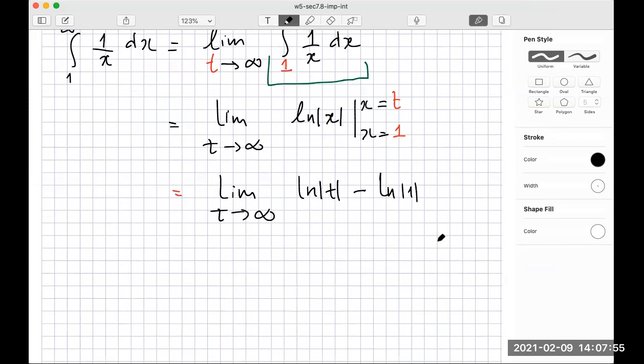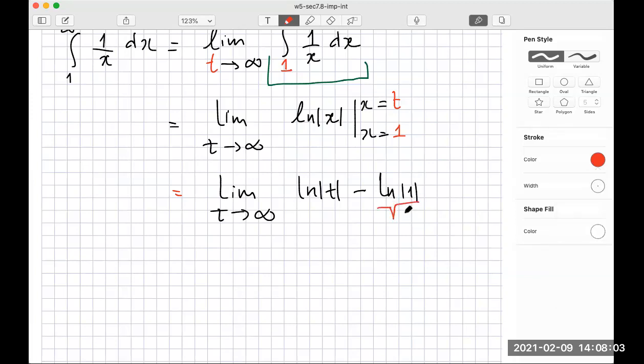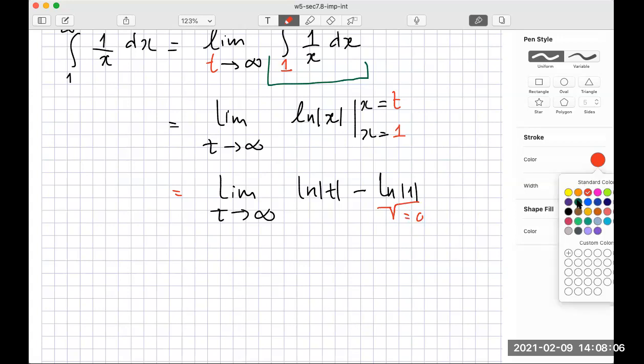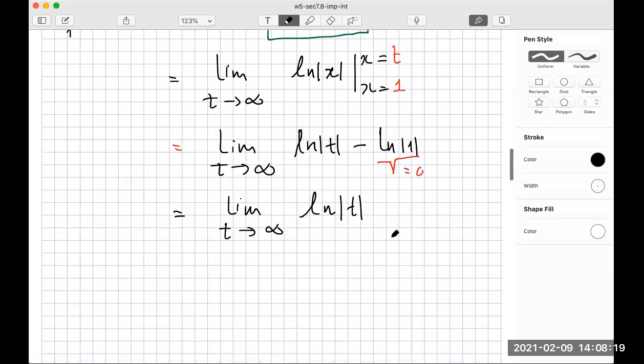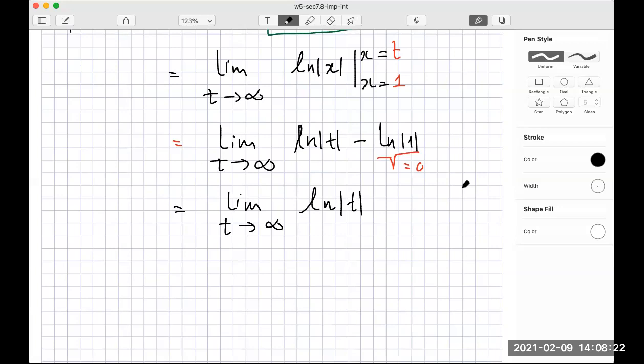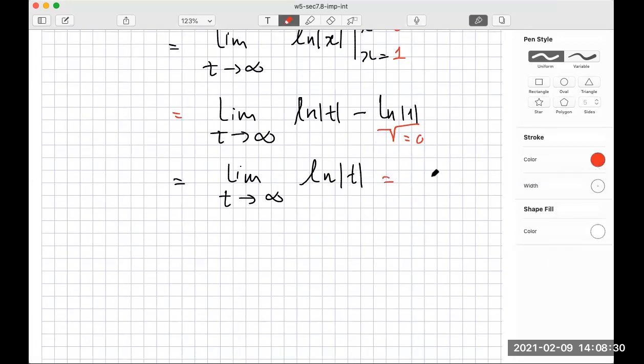And what is natural log of 1? Yeah, simply 0. Be careful. Therefore, this will be the natural log of the absolute value of t. And what is the limit? Yeah, it is infinity.